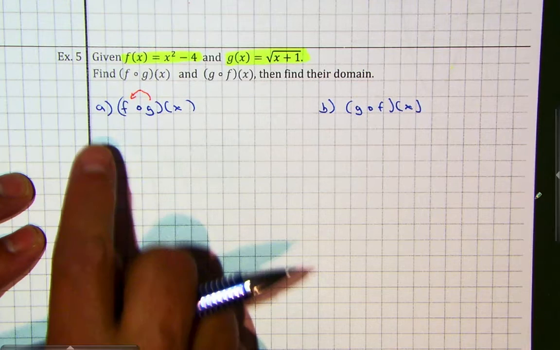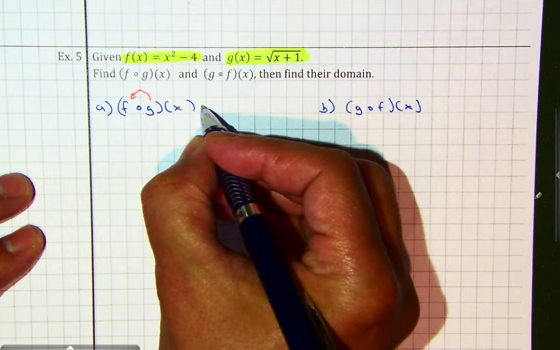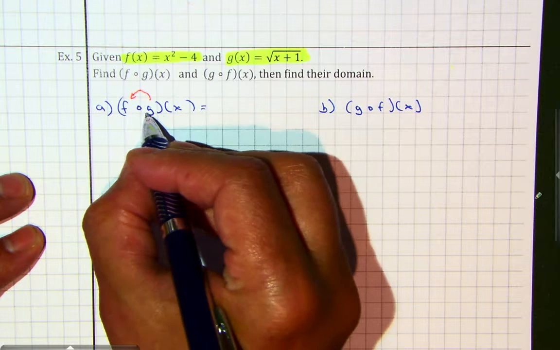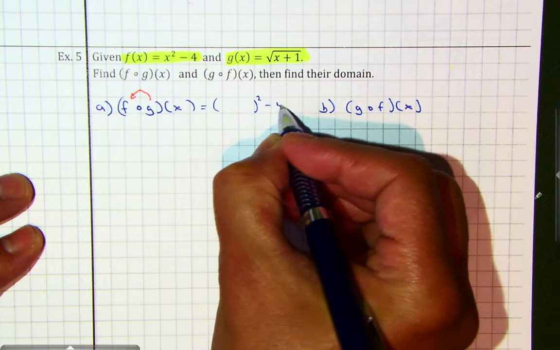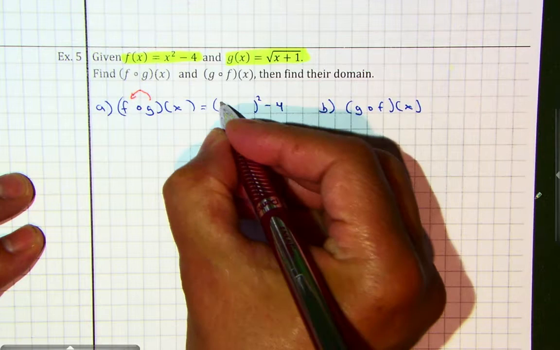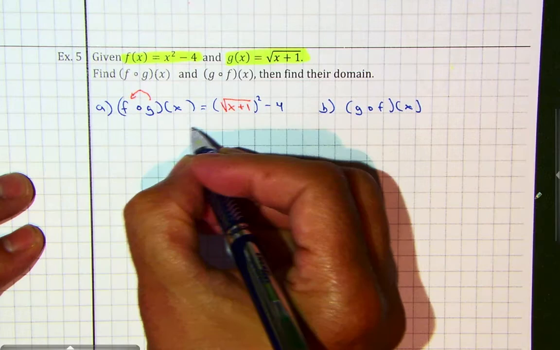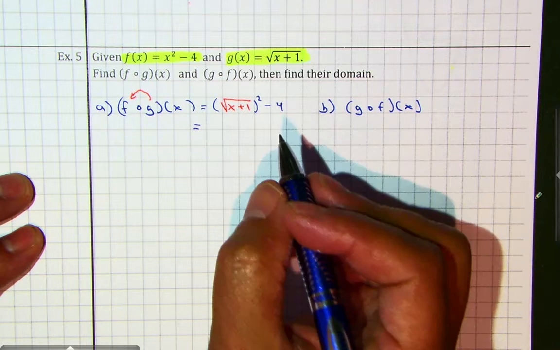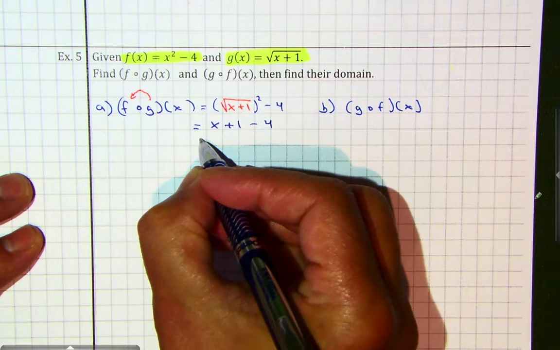So I'm going to write down my f function first. And I should have enough space in here. So in this case, my f function is x squared minus 4. And I'm going to replace it with g of x, which is the square root of x plus 1. And I'm just going to simplify. So that cancels, so it gives me x plus 1 minus 4, which is x minus 3.